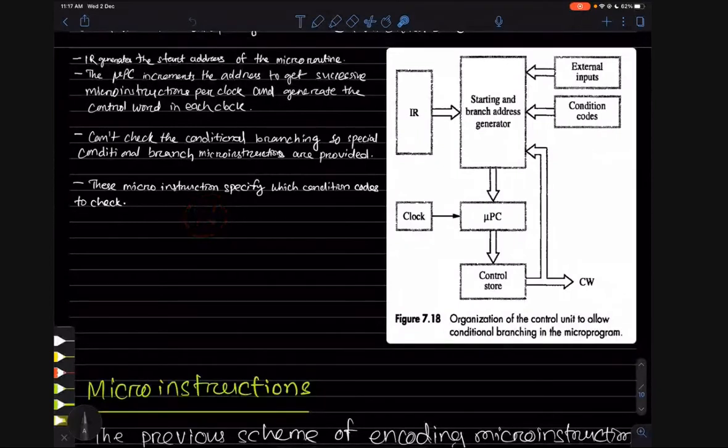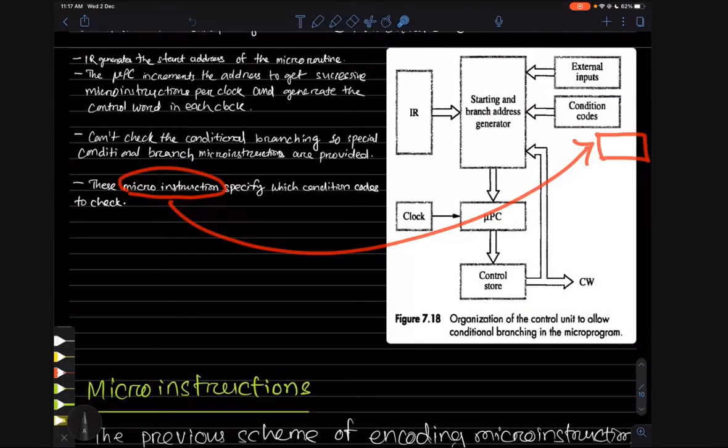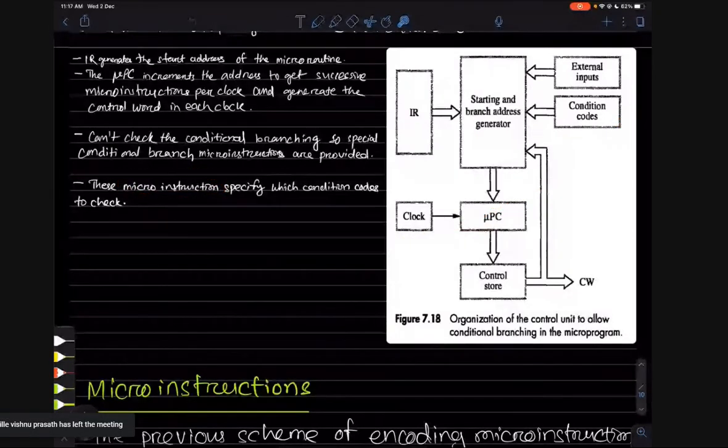Based on that, we write a micro instruction that will go to the condition codes, meaning the status register, check the N bit, and decide whether to jump or not. All those things can be performed using a special micro instruction, which is called a conditional branch micro instruction.